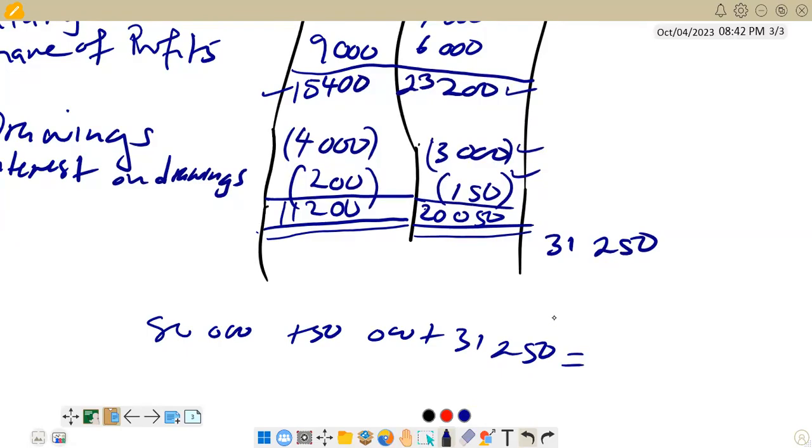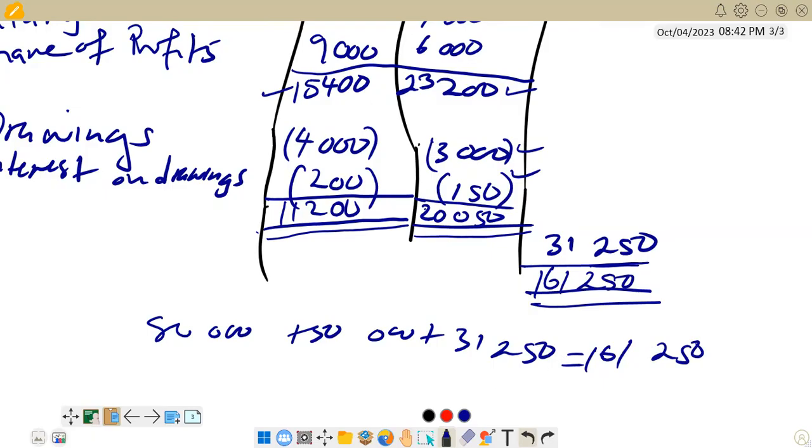So if you do that here, the total is supposed to come there. You are supposed to get 161,250. So here you get 161,250, which is the answer that we got here. What is important is for our statement of financial position to balance.